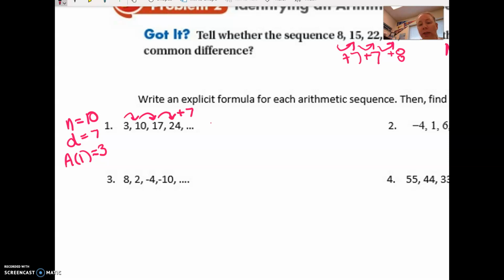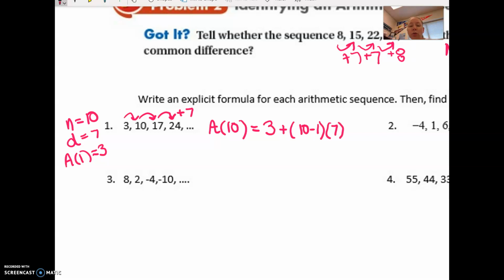In this one here, we have A of 10. We're always going to use 10 for these values. It equals the first number in the pattern plus 10 minus 1, because that's n minus 1, and then times the common difference, which in this case is 7.